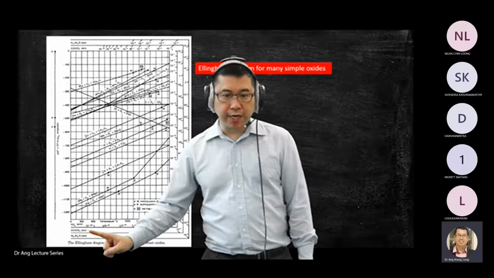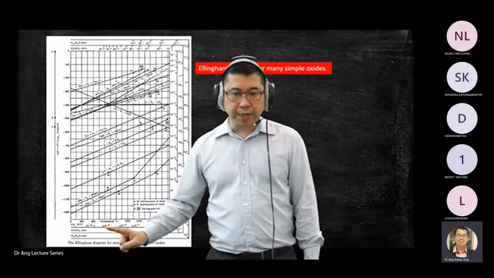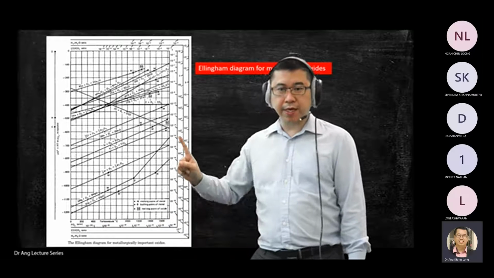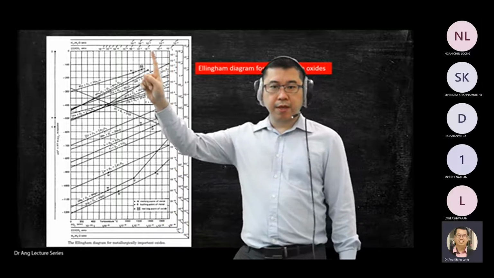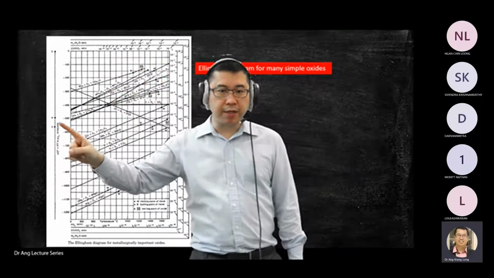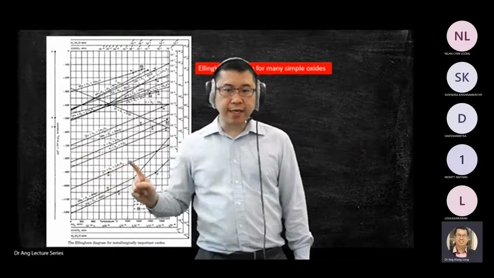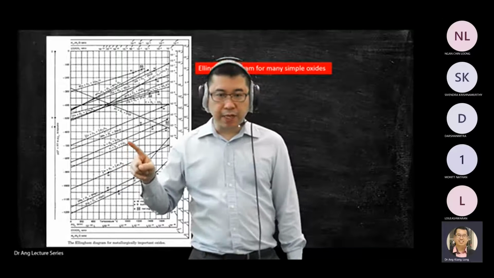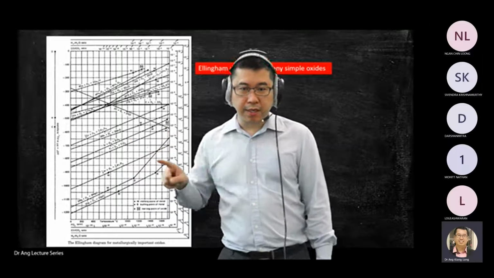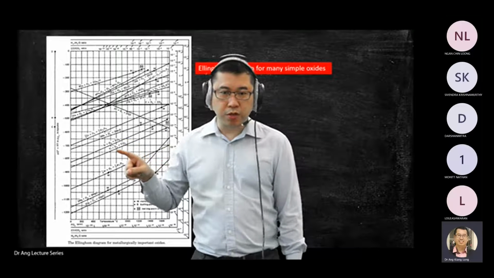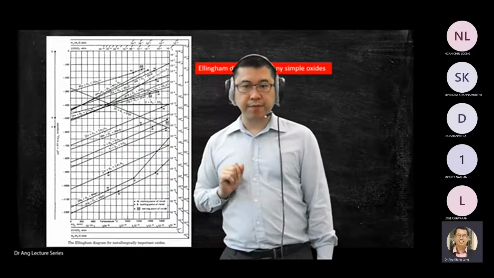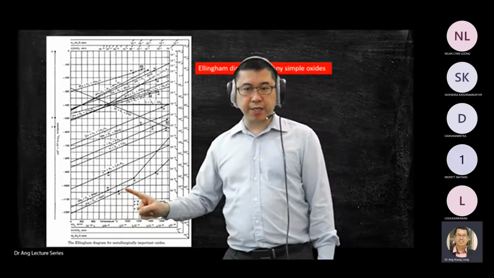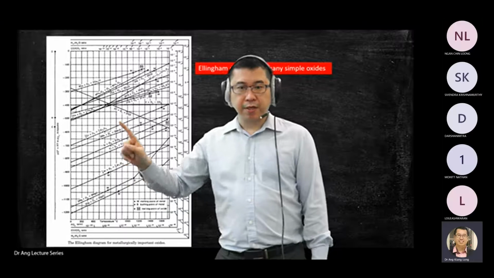If you follow this line, you have 10 power something, 10 power something, and so on. Then you combine it with the y-axis data, and you will arrive at one intersection point for that particular metal product. Again, all these lines represent the stability of the products.